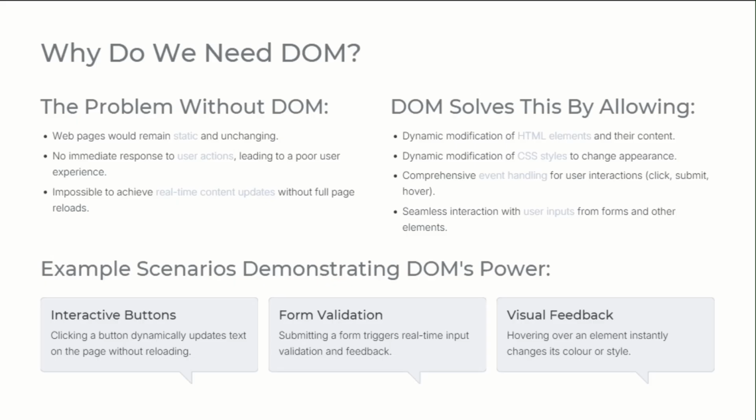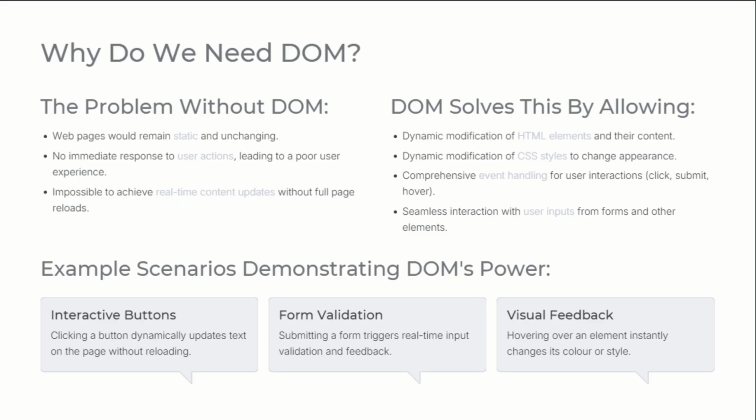The Document Object Model, or the DOM, solves these problems by allowing dynamic modification of HTML elements as well as dynamic modification of CSS styles, event handling for user interactions, and seamless interaction with user input. This is why DOM is essential for modern websites.